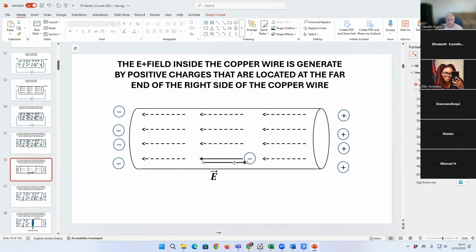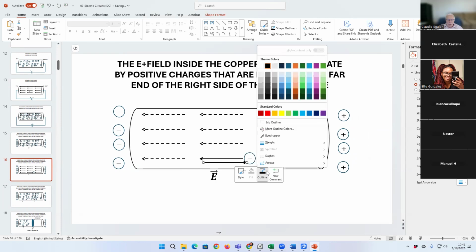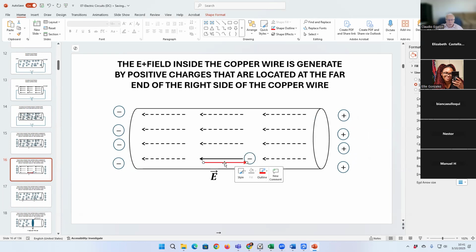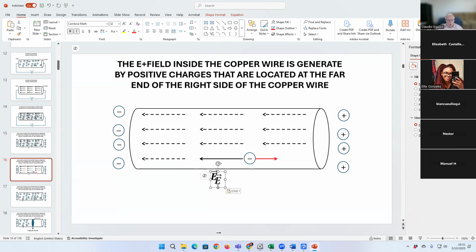And I'm going to put it in a different color, and get rid of this electric field as well. I'm going to label this other vector.